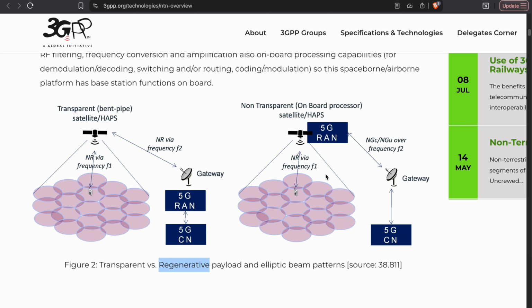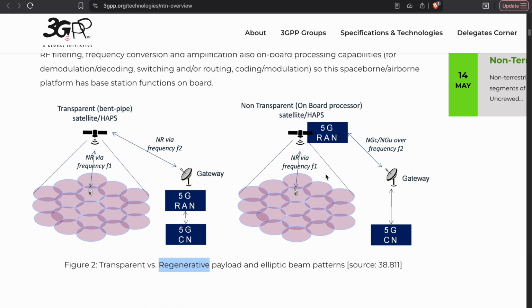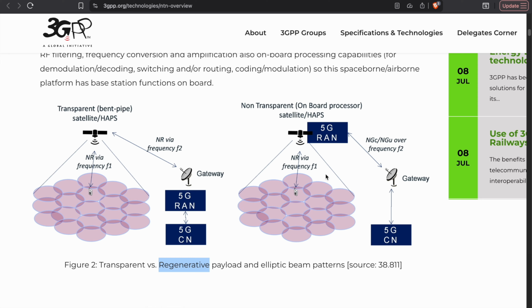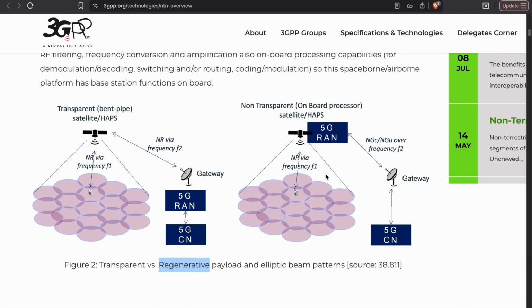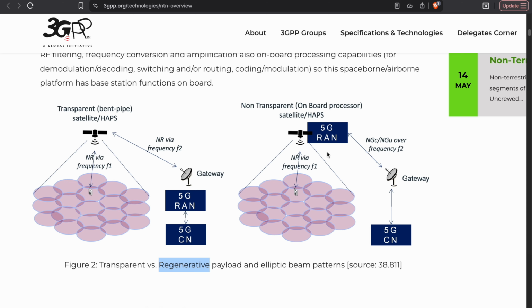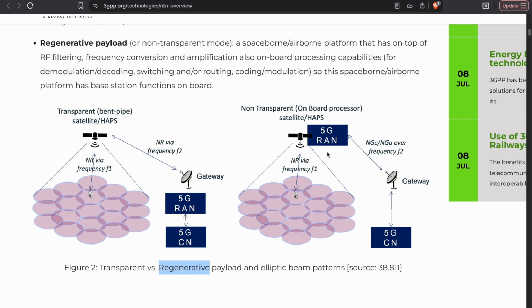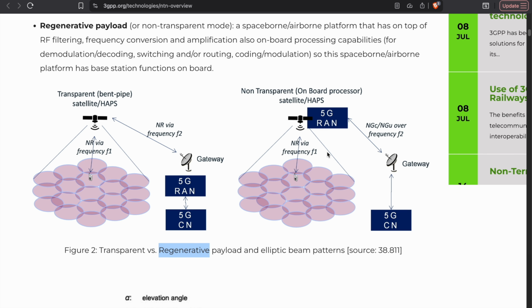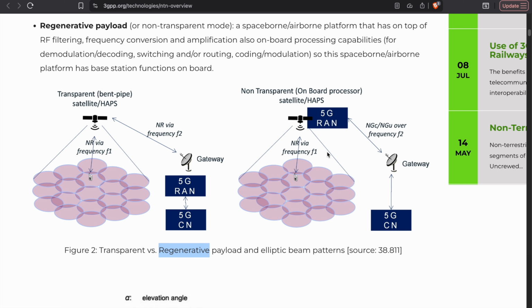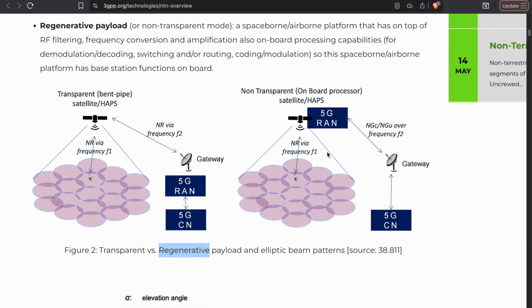And there is one more disaggregation where your RU and DU are part of the satellite and your CU is based on the ground. So there are different approaches, and I guess ORAN is also working on a lot of things. So this is an overall idea of what NTN exactly looks like, their architectural diagram and all those things.